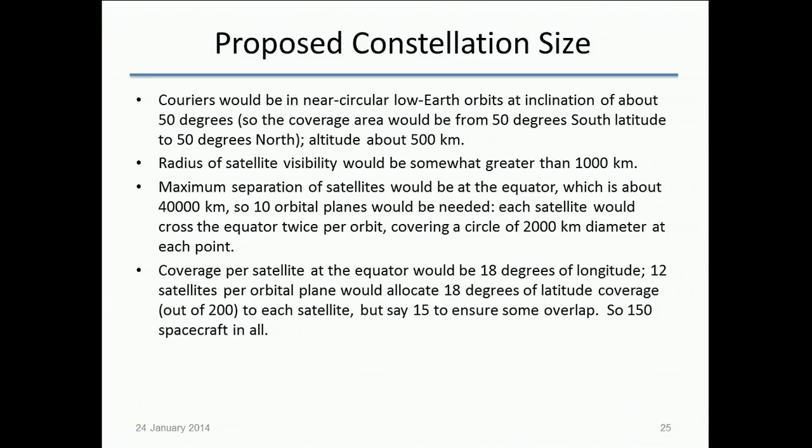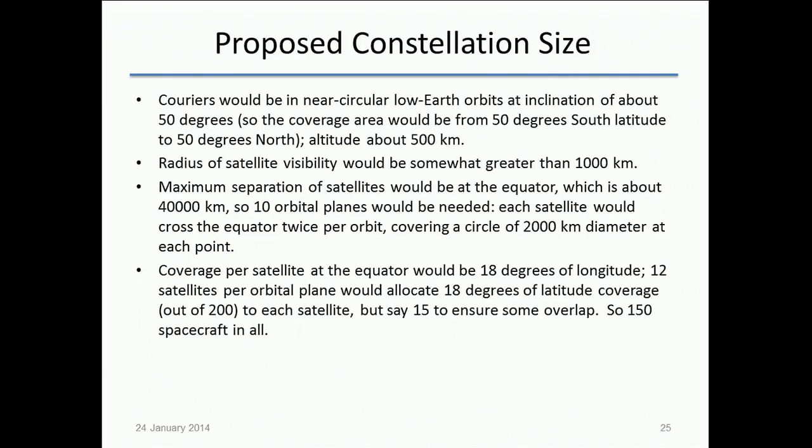What we settled on was, first of all, the Courier satellites being in near circular low Earth orbits at inclination of about 50 degrees. As Maria was saying earlier, I think that's right. As we talked about in the ISS discussion, that covers about 95% of the Earth's population in that 50 north to 50 south range of latitudes.